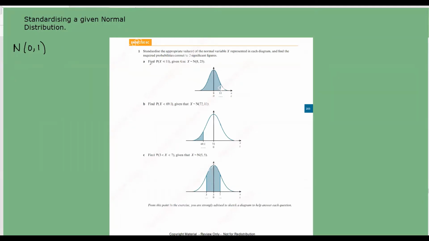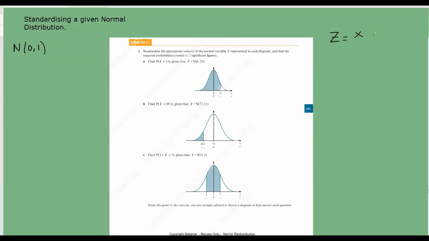Look at this example here. The first question says: find the probability that x is less than 11, given that x is normally distributed with the mean 8 and the variance 25. So, children, you noted down that we have a standardization formula here. We're not going to derive it, you just have to learn this.